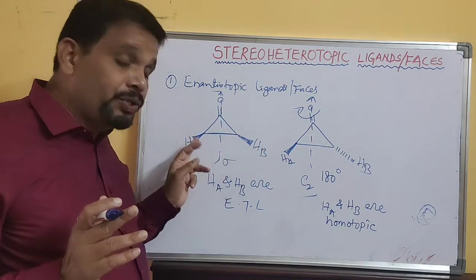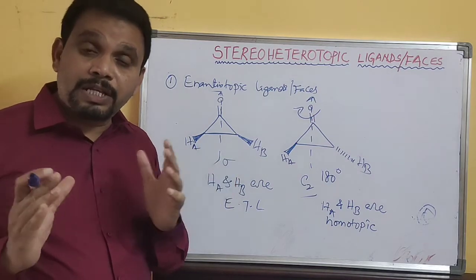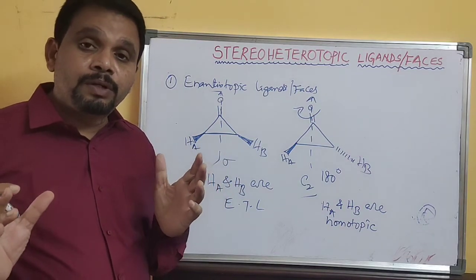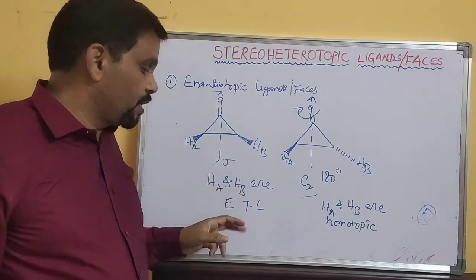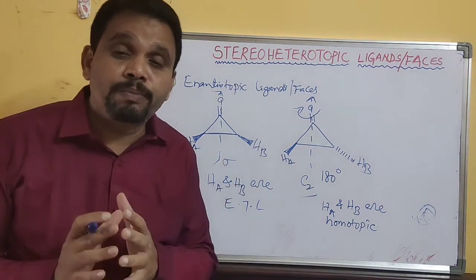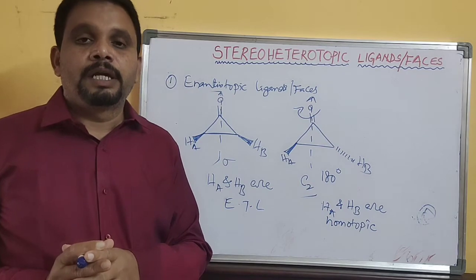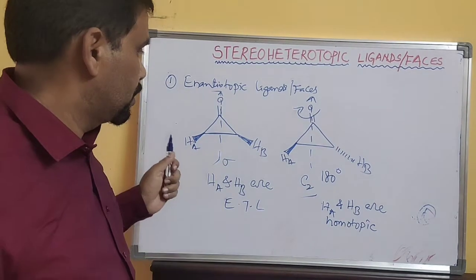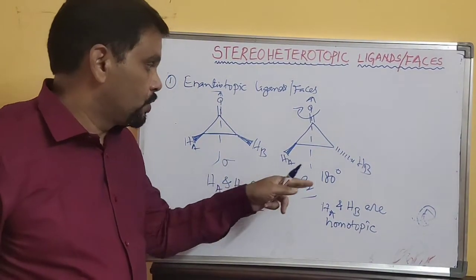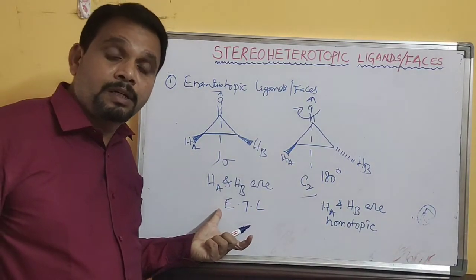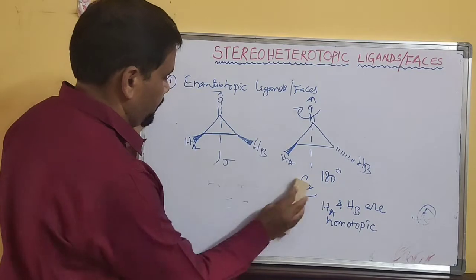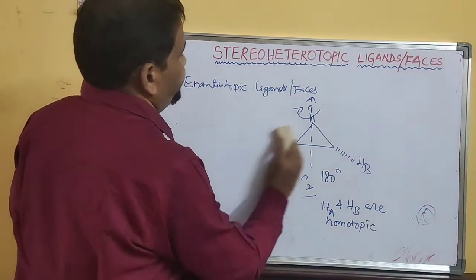So they will produce enantiomers or diastereomers when you do some reactions. Therefore, HA and HB are enantiotopic ligands. You understand? So here it is homotopic, here it is heterotopic, enantiotopic ligands.